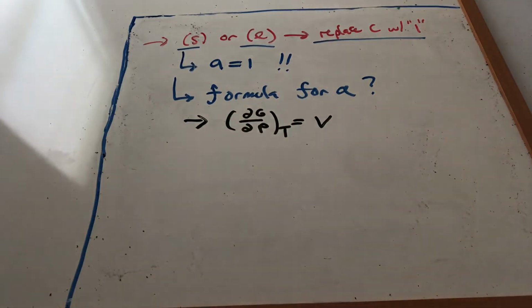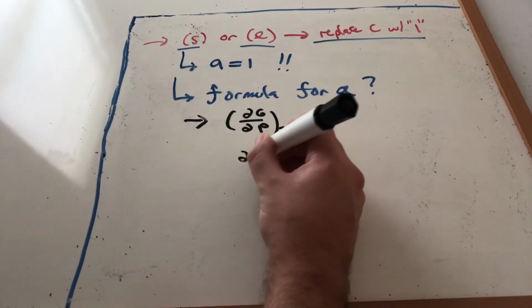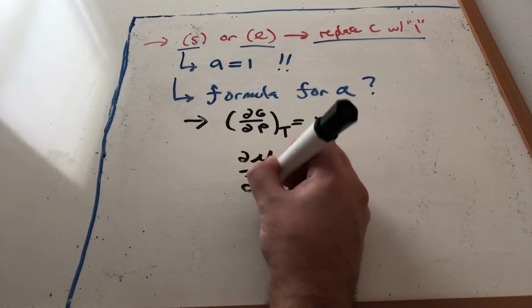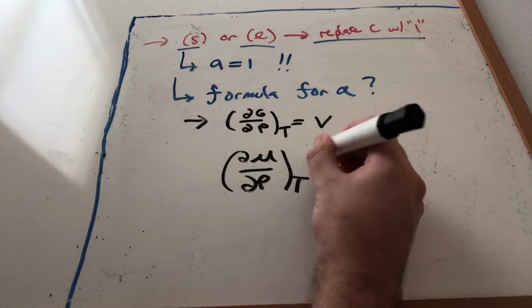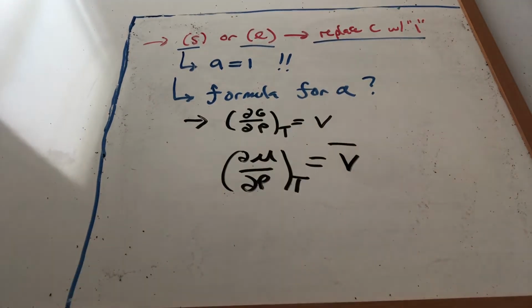Let's divide both sides by n. This becomes d mu dP done at a constant T. Looks like molar volume. Let's go ahead and substitute in for mu.